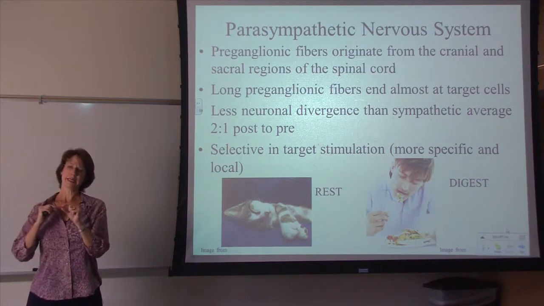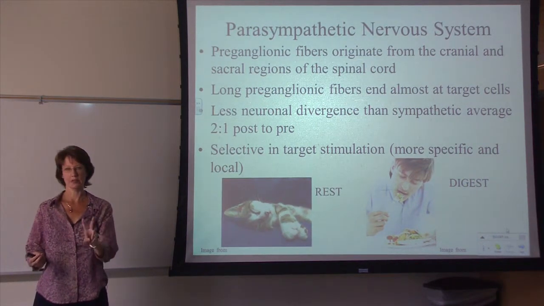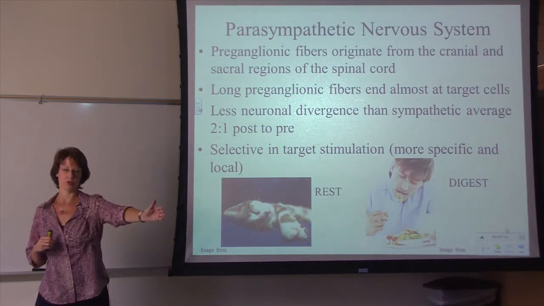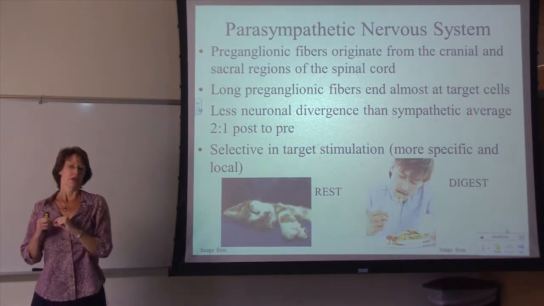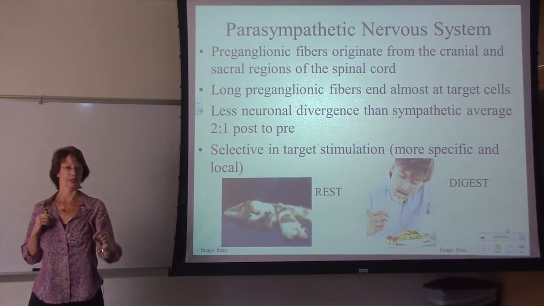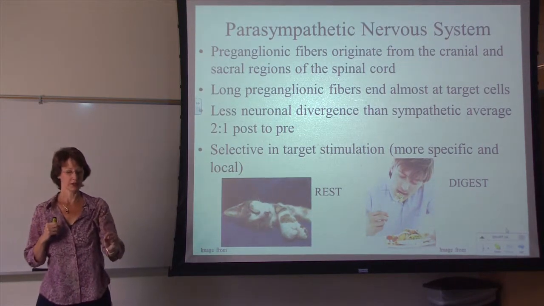Also, you remember that the autonomic nervous system always has two neurons going from the spinal cord out to the end target effector. The preganglionic neuron, or the first one that's leaving the spinal cord, tends to be fairly long in the parasympathetic nervous system.